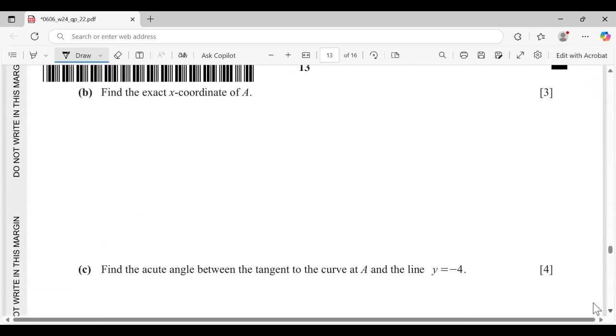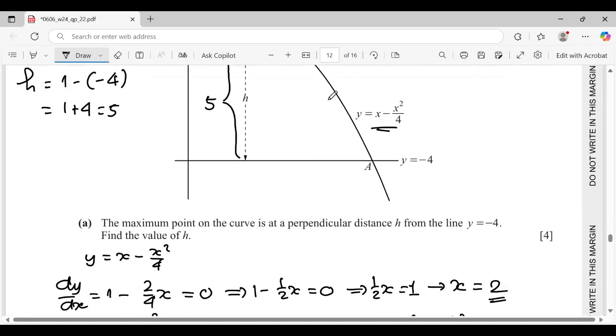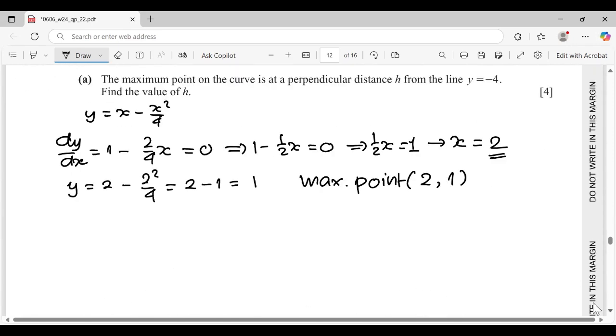B. Find the exact x coordinate of A. To find the x coordinate of point A, we know that point A is the point of intersection between the curve and the line y equals minus 4.